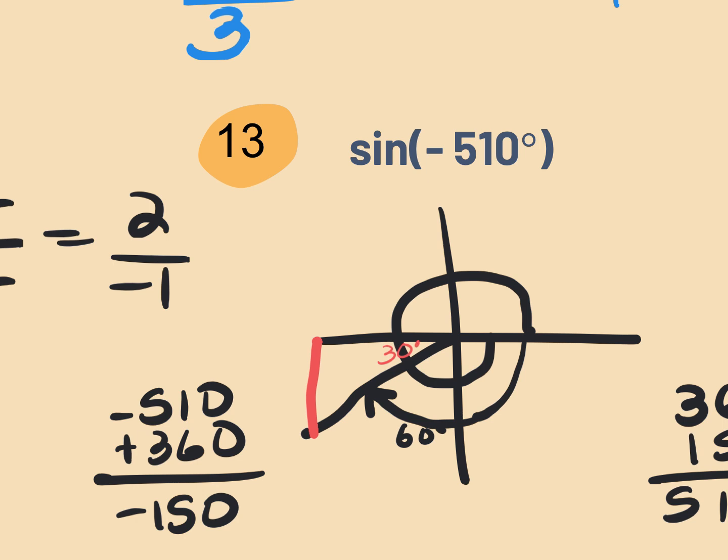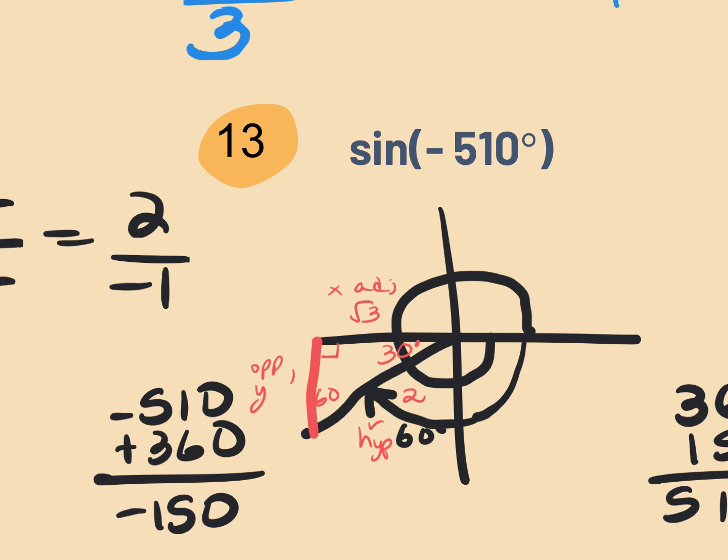So what it's taking to get to the x-axis, the 60 will be here. So again, across from 60 is √3, across from 30 is 1, and then the hypotenuse is 2. So remember, adjacent is always x, opposite is always y, and hypotenuse is always r.